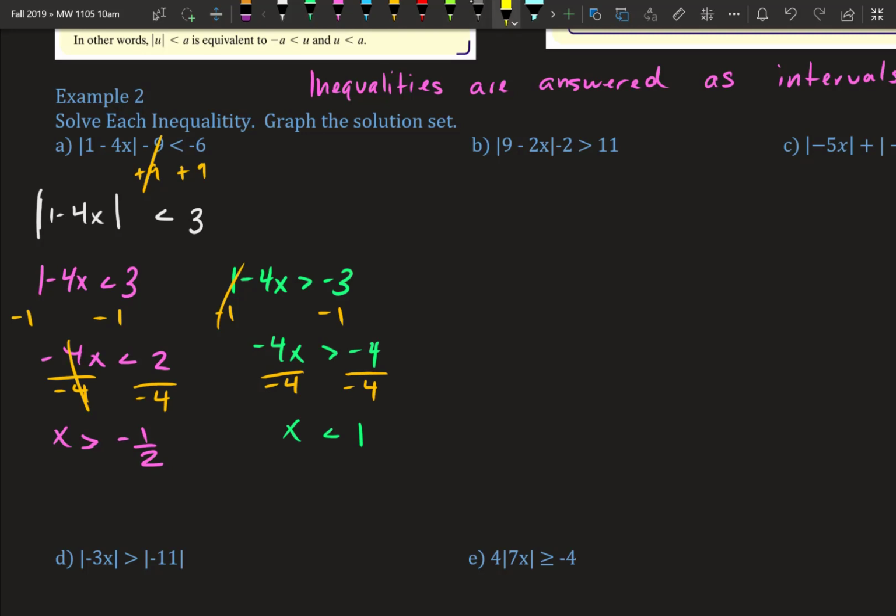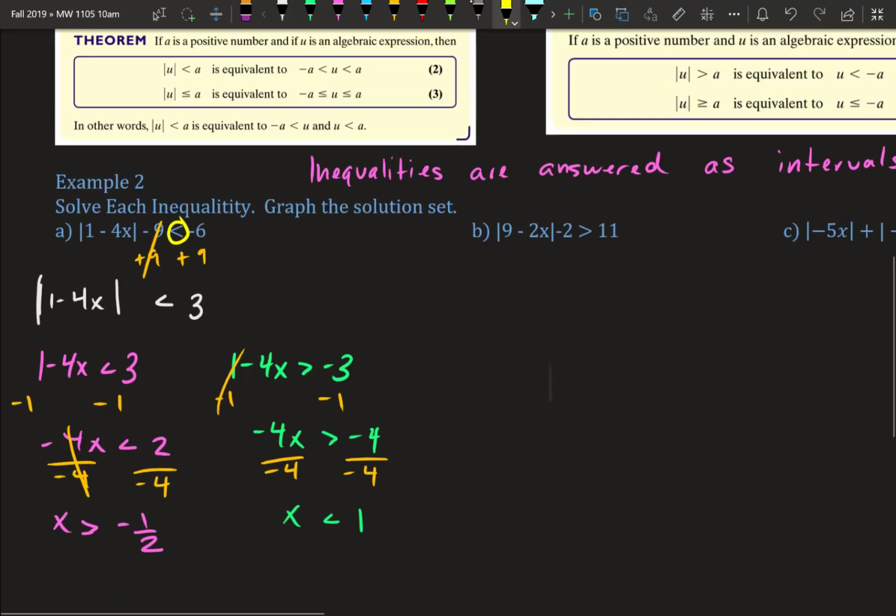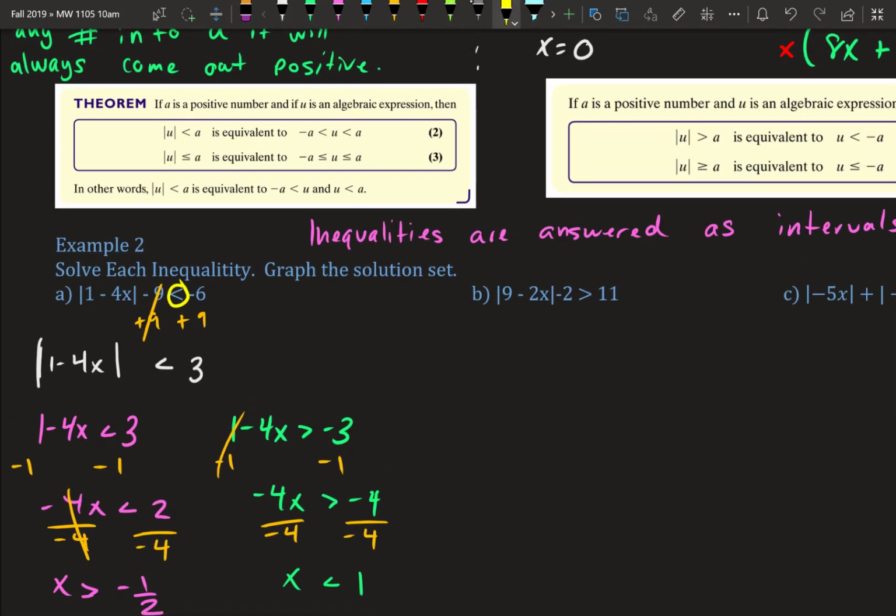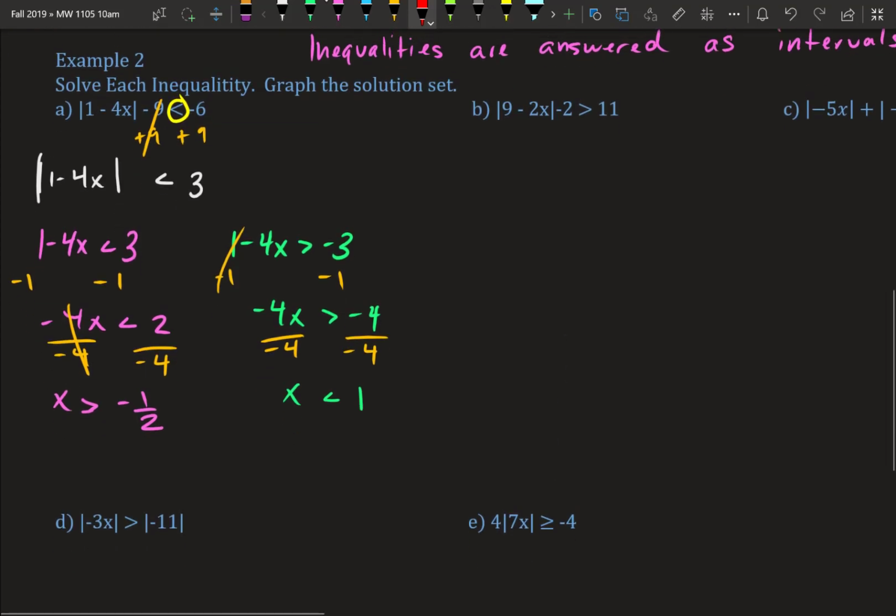Since this equation is less than, it always goes together. So it'll be parentheses, comma, parentheses, or bracket. It just depends on your symbol. So since this is a less than, we're going to mush them together. It'll be parentheses negative 1/2, 1 parentheses.